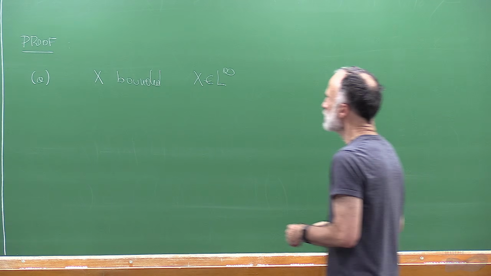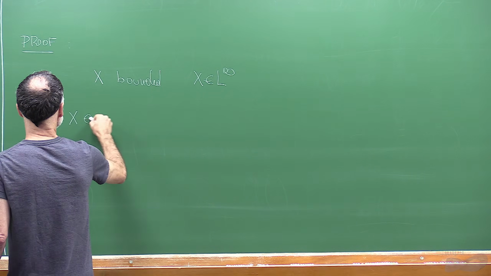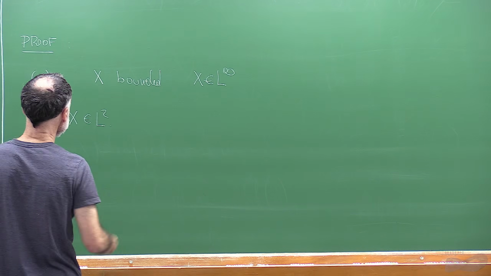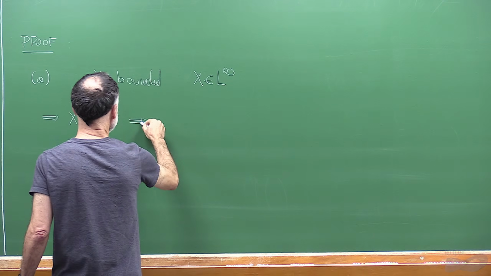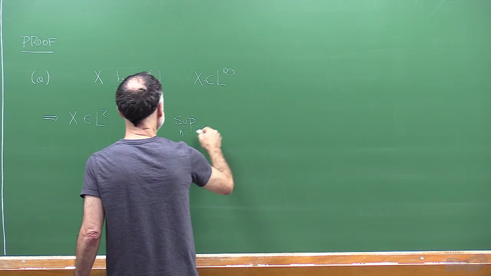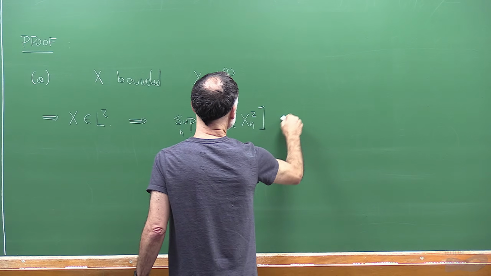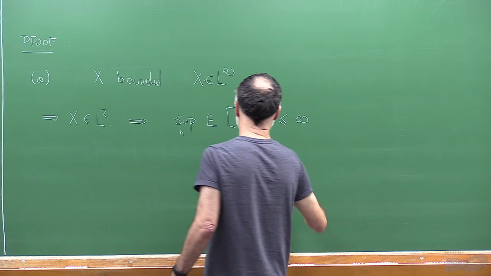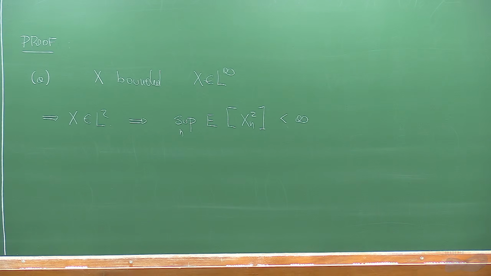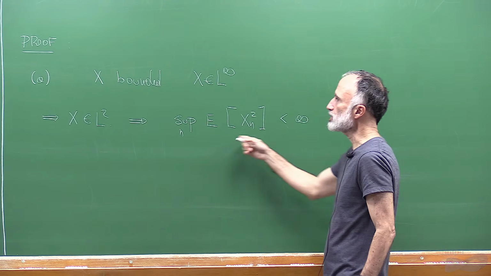Okay, if it belongs to L infinity, it belongs to L2. And this means that the supremum in n of the L2 norm of xn squared is finite. Right? x is in L2, so we know that this is increasing and bounded.